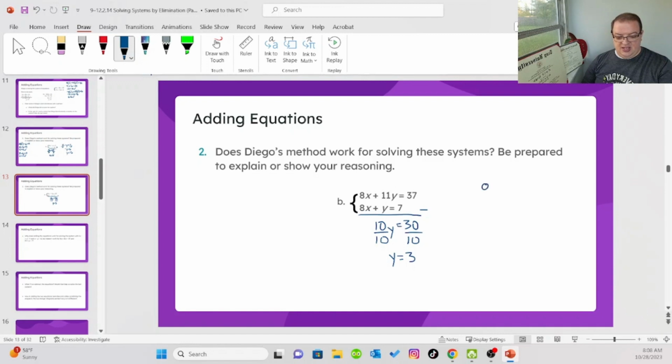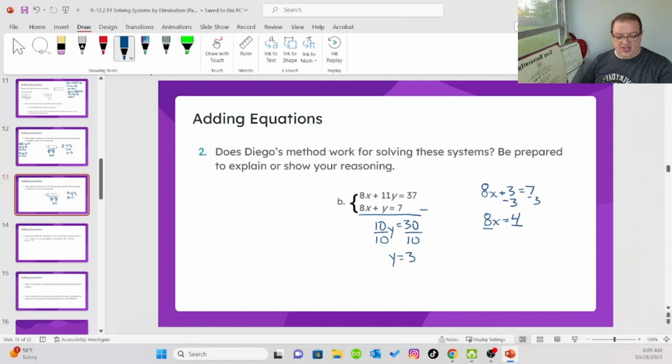Now I can substitute this value for y back into an original equation. So I can say 8x plus 3 equals 7. I need to get rid of plus 3 by subtracting 3 from both sides. So now I have 8x equals 4.